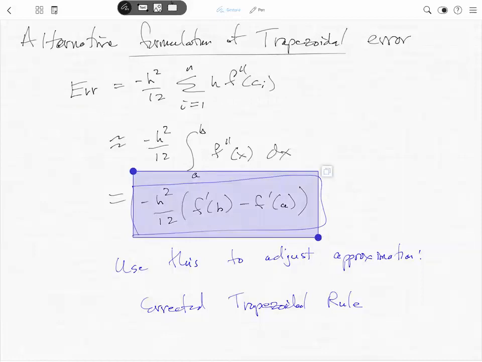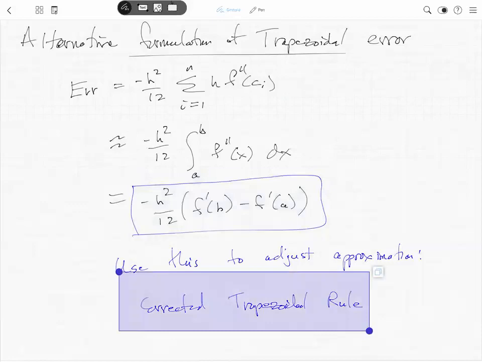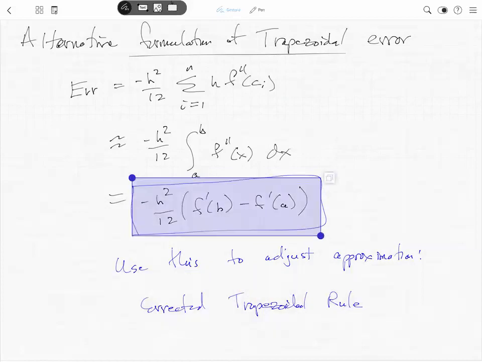So if we add our estimate for the error to our original estimate for the value of the integral, we get an improved estimate of the value of the integral. So this is called the corrected trapezoidal rule, right? We start doing the plain vanilla trapezoidal method, and then we calculate the error and add it back into our first estimate to get a revised corrected estimate. Okay, so that's kind of nice.